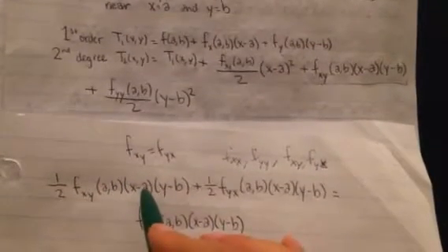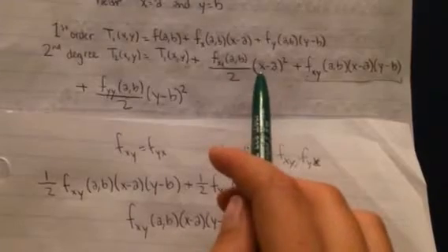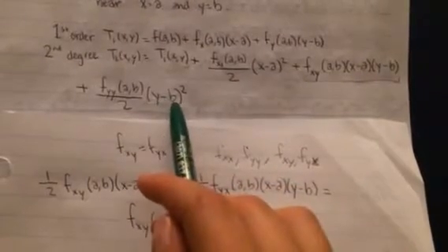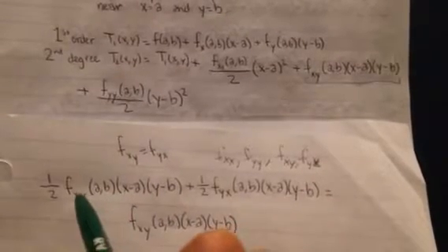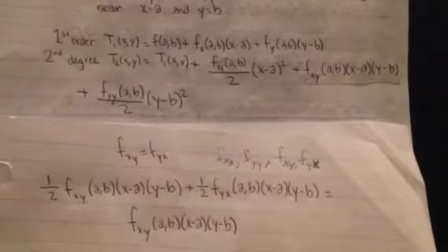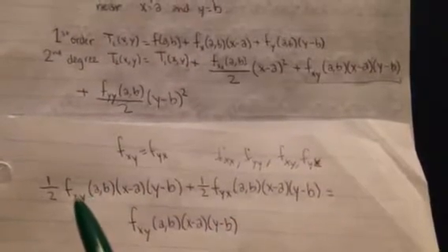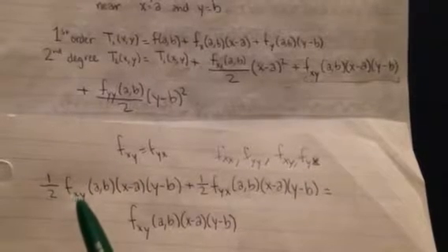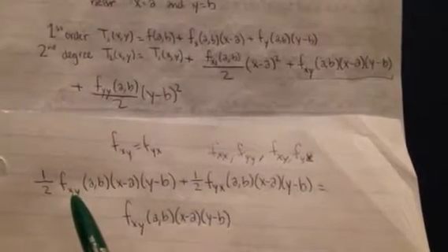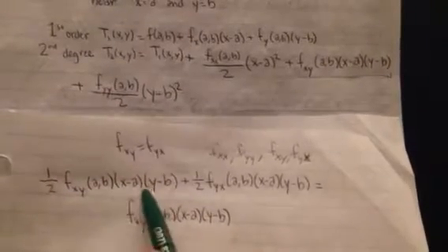And instead of having an x minus a squared or a y minus b squared, you just have x minus a and y minus b, because you aren't taking the derivative with respect to the same variable. Because you're noticing how the function changes with respect to x, you have to multiply that by the distance over which it changes, and the same is true with y.